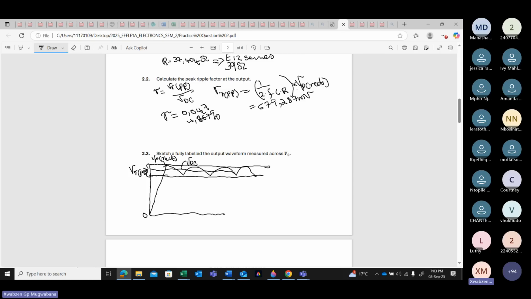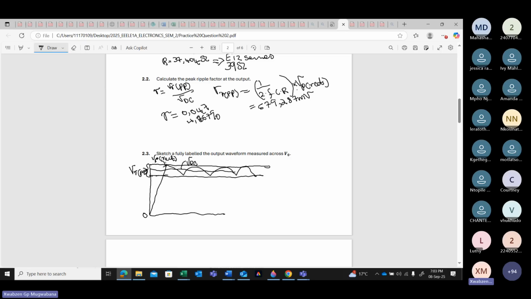But remember, please don't try to cheat the system. This will only exist when the value is correct. Don't just draw this with incorrect values and think I'll give you marks. No, I will never do that. It must be fully labeled, which means when I see this reference, which is V ripple peak to peak, this one must also be correct.